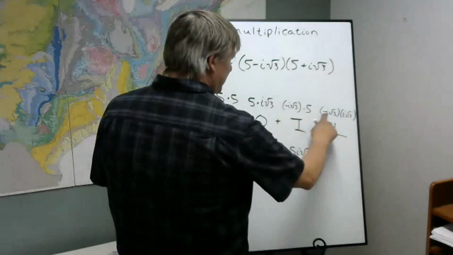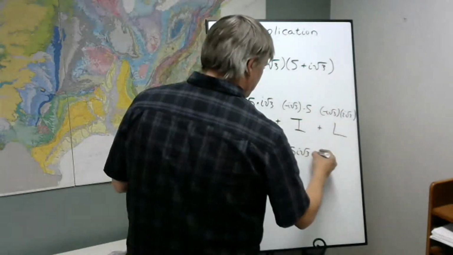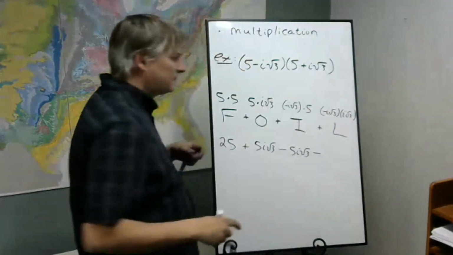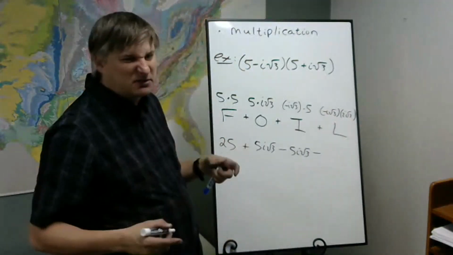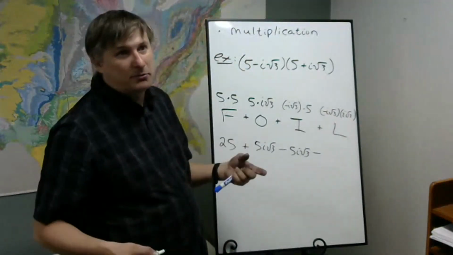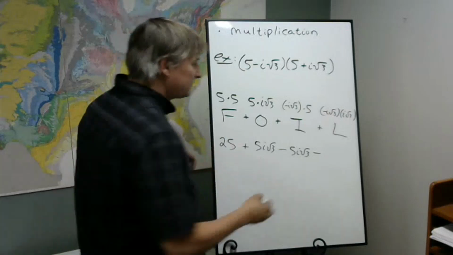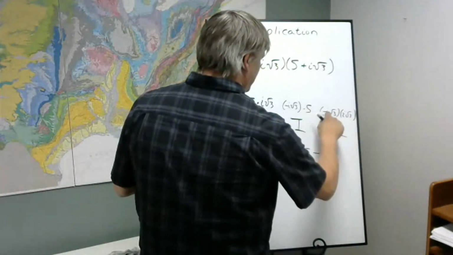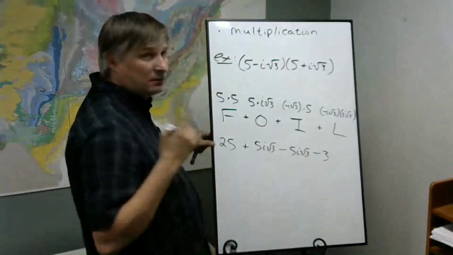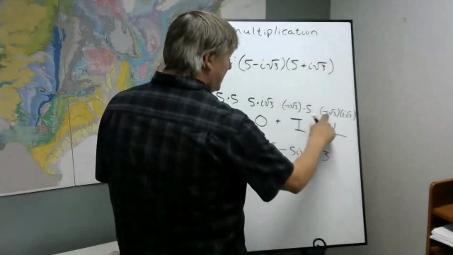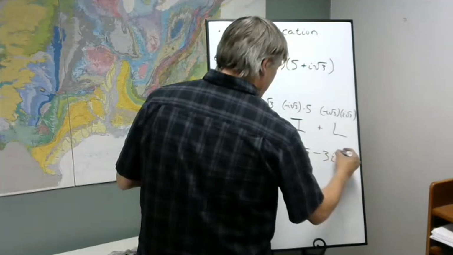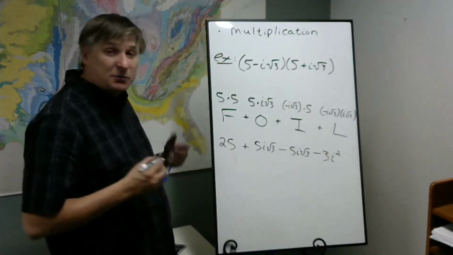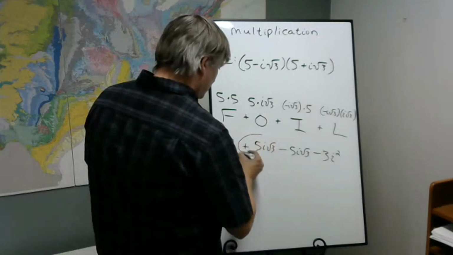And then this one, negative and positive will be negative. We have a root 3 times a root 3. That will come out to be 3, because square root 3 times square root 3 equals 3. Negative, positive will be negative, but we have two i's, i squared. Now this works out really nicely.